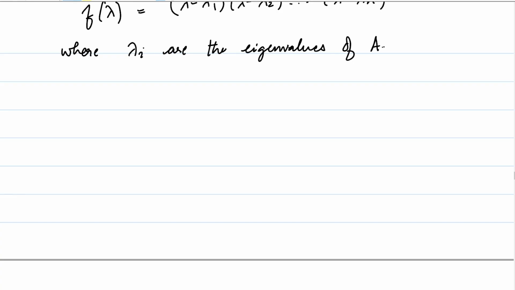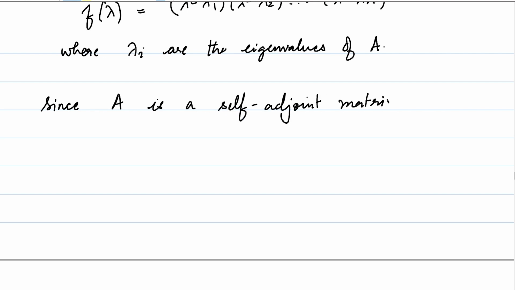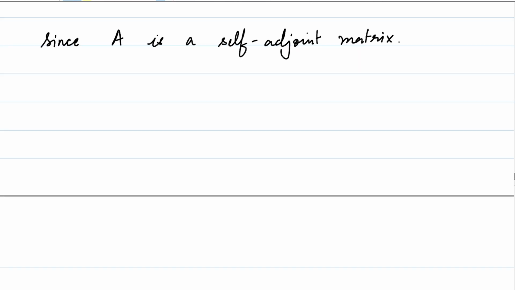And by one of the propositions that we wrote earlier, we know that A is a self-adjoint matrix. Because A is self-adjoint, what do we know about the eigenvalues of A? We just proved that the eigenvalues of A are necessarily real.